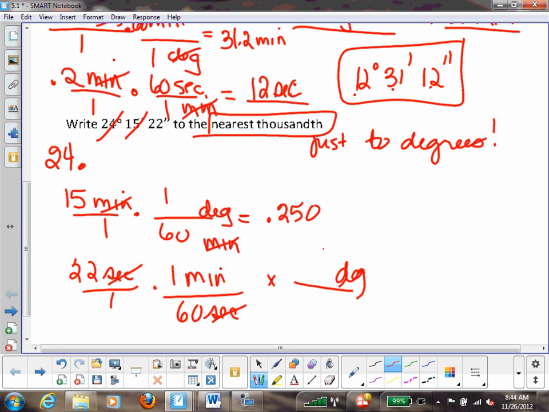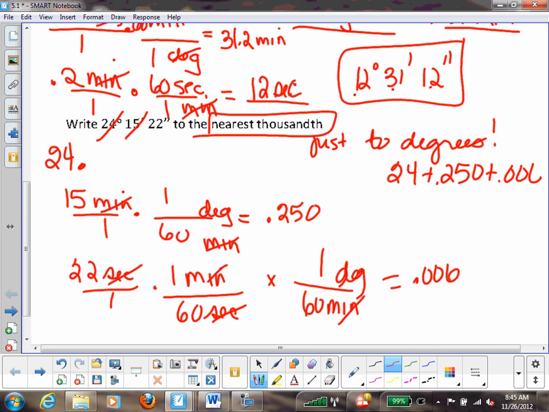So again, 1 degree over 60 minutes. So I'm taking the 22 and dividing by 60 twice, or 3,600, yes? To the nearest thousandth, what is that? So I have 24 degrees plus 0.250 plus 0.006.